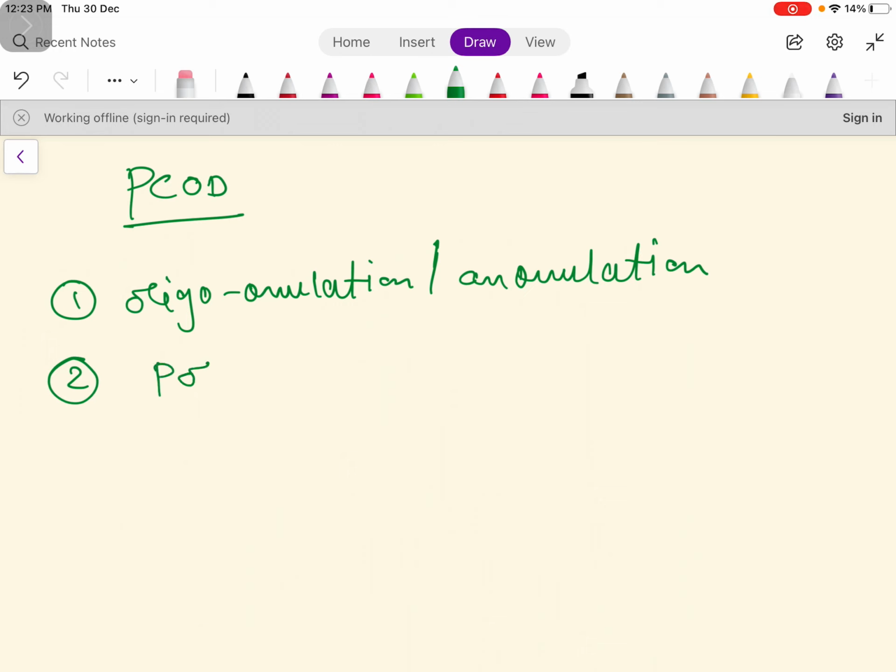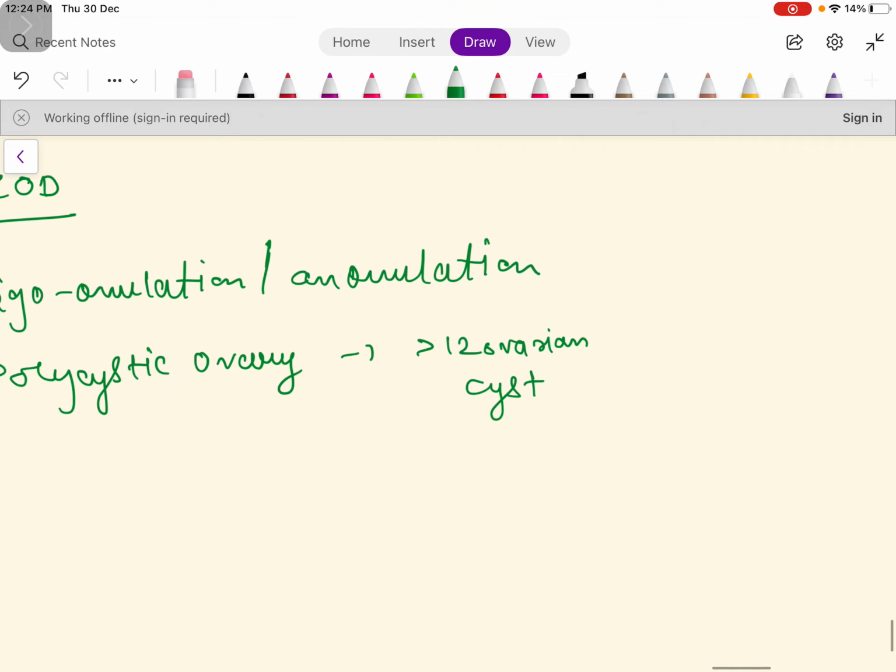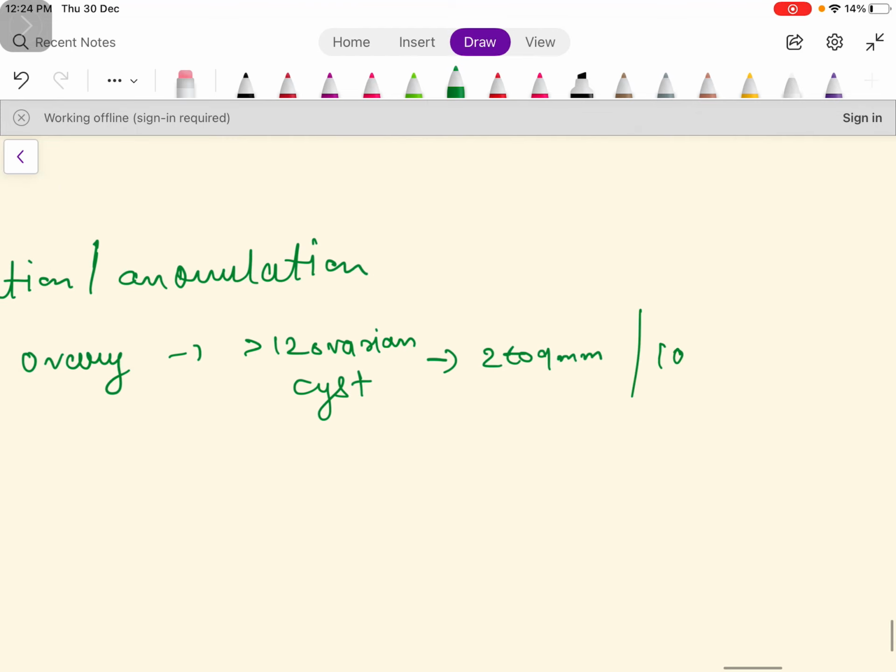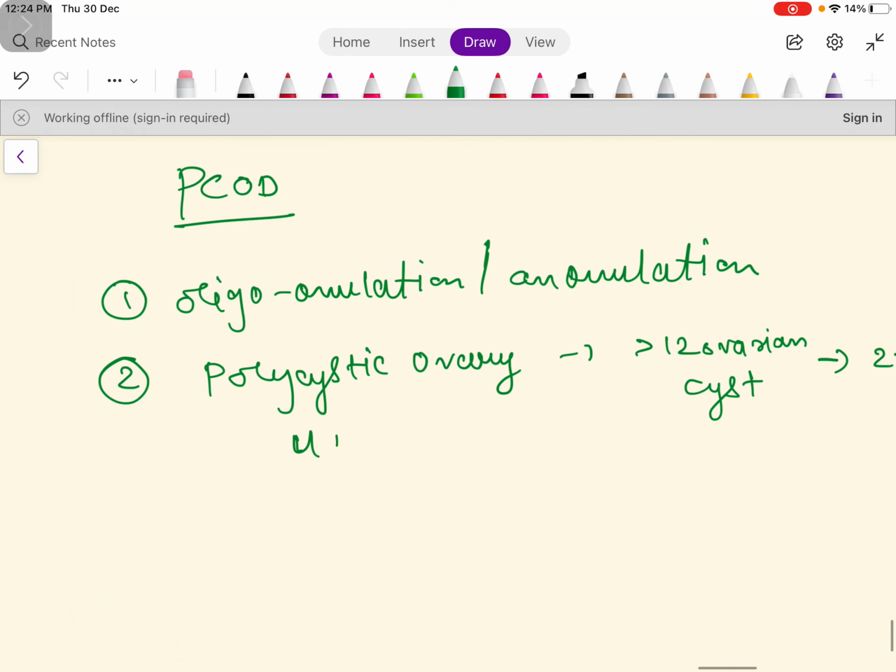Okay. The other feature is polycystic ovary. That means there should be more than 12 ovarian cysts at a time, and they should be like 2 to 9 mm in size, or 10 ml ovarian volume, and these are the USG features.